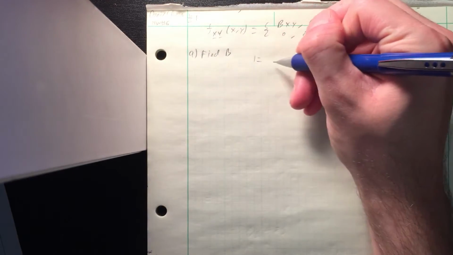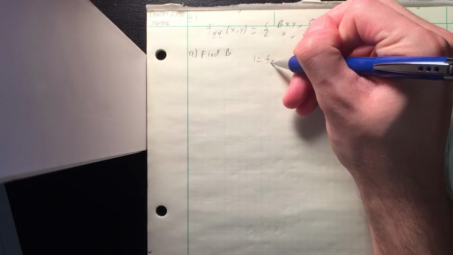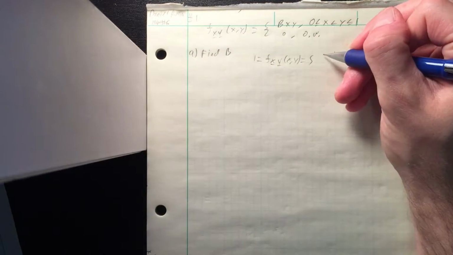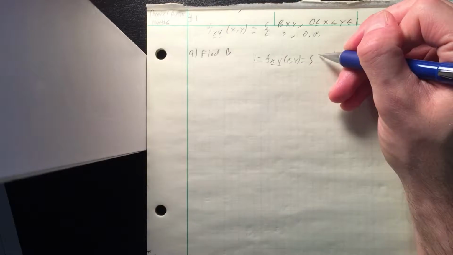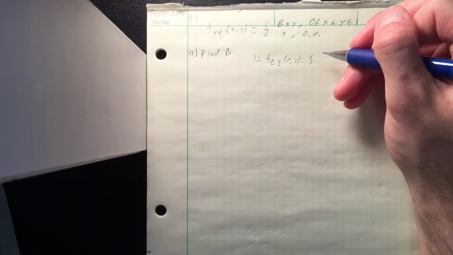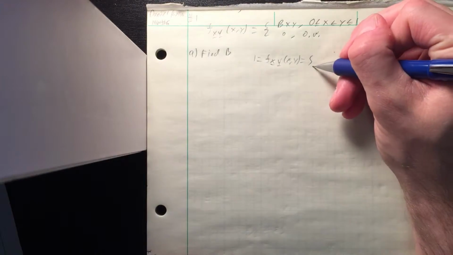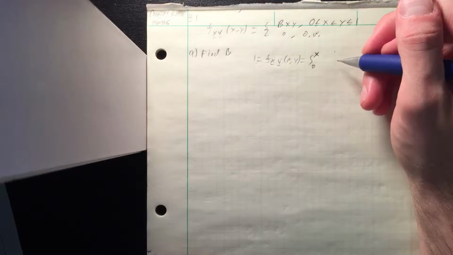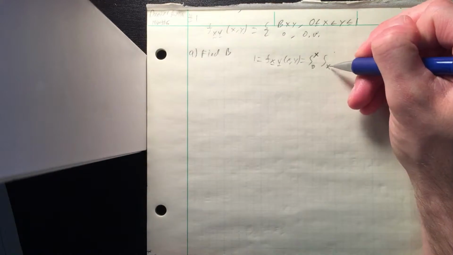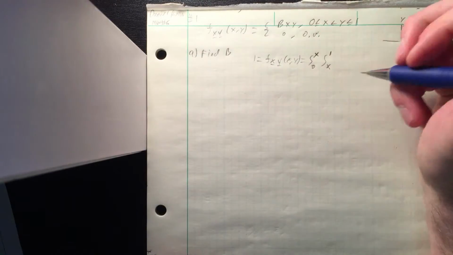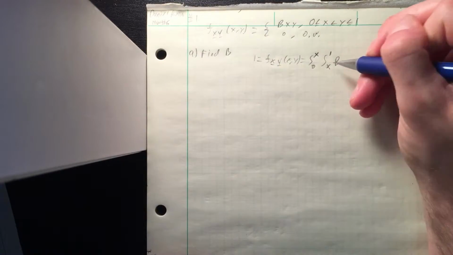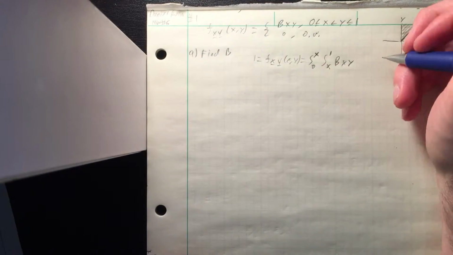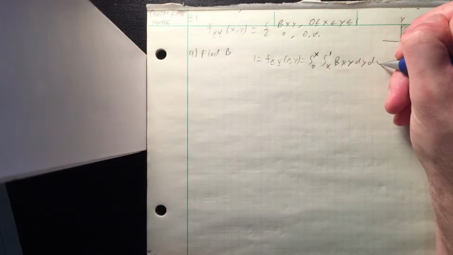To make it valid, 1 is equal to the integral of f x y of x y, where x ranges from 0 to 1 and y ranges from x to 1, and we're going to integrate dy dx. These are not random variables.